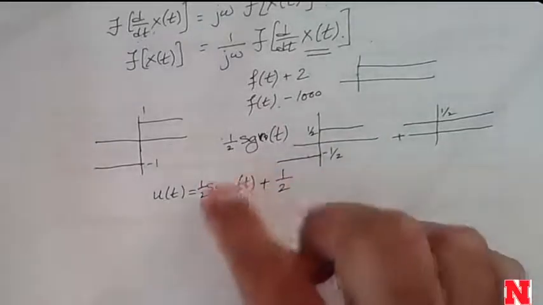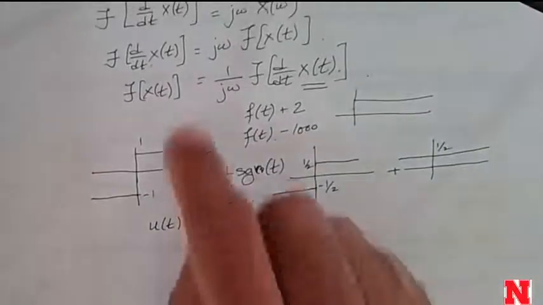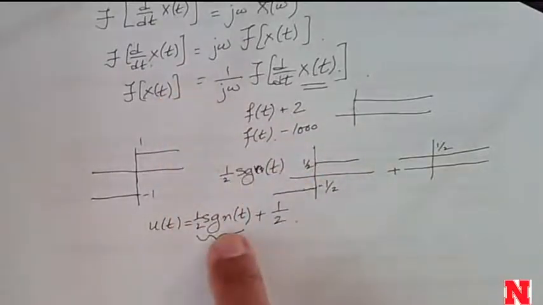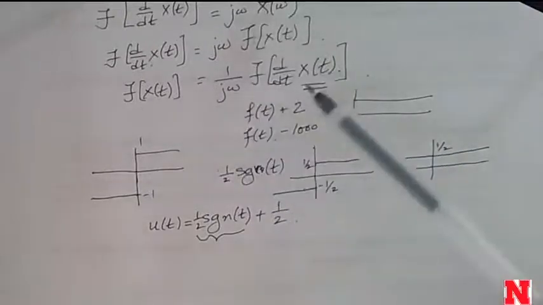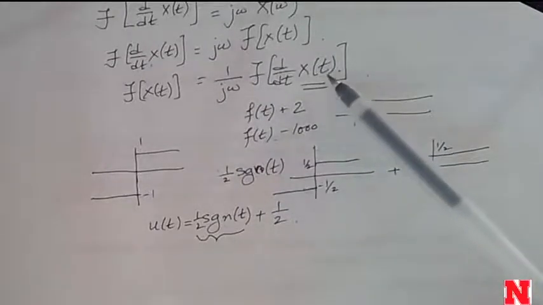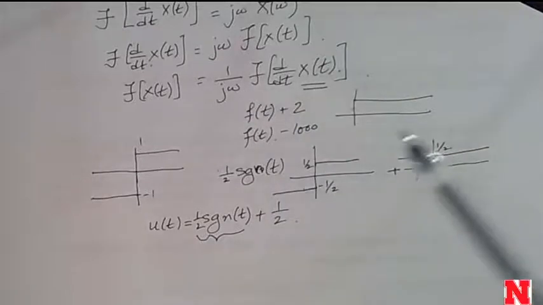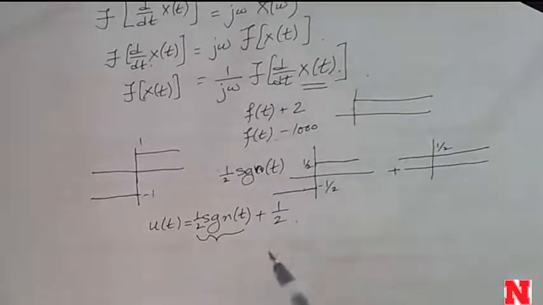So then I can use this nice little trick where I can find the Fourier transform of this half signum t by looking at the Fourier transform of its derivative and then just dividing it by j omega. Okay, and then I can use linearity. I can find the Fourier transform of this, I can find the Fourier transform of this, and then I can add them both together, and that'll give me the Fourier transform of u of t.